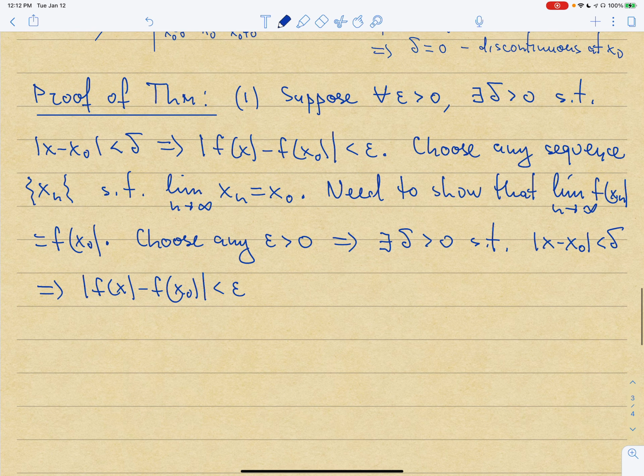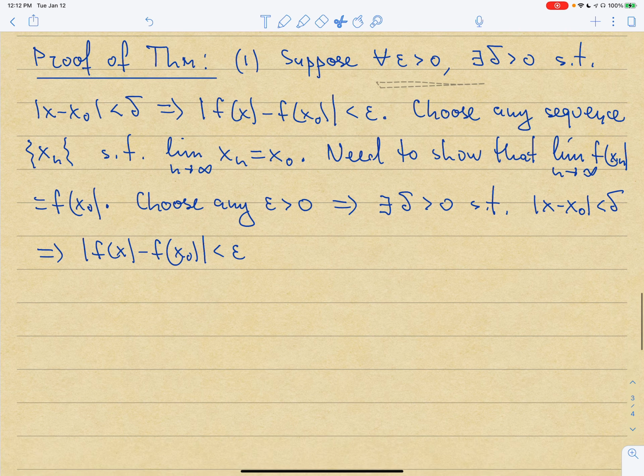That's what we assumed in the beginning.